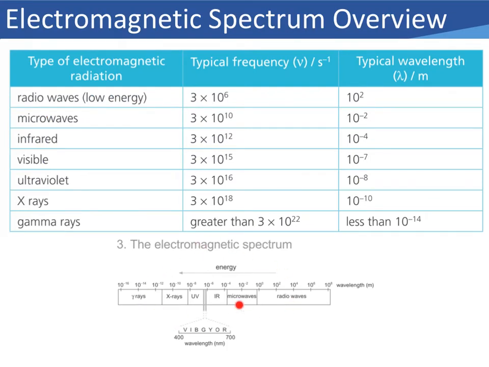This section down here comes from your data booklet, and here's a list from your textbook just reminding you from radio waves to microwaves to IR to visible, ultraviolet, X-rays, and gamma rays. As you go from radio waves to gamma rays, the energy is increasing and the wavelength is decreasing. The visible spectrum is right in the middle here between ultraviolet and infrared.